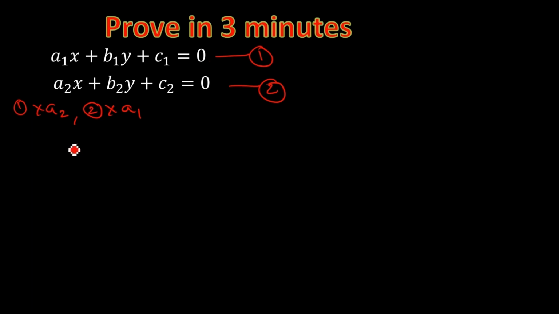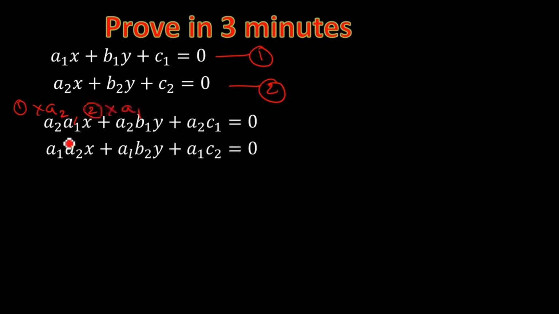When you multiply the first equation with a2, you will get this. Similarly, multiplying the other equation with a1, you will get a1 a2 x plus a1 b2 y plus a1 c2 equal to 0. Now we need to subtract these two equations to cancel this x term.